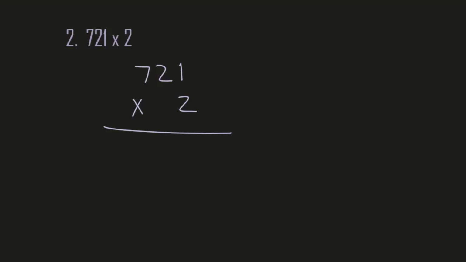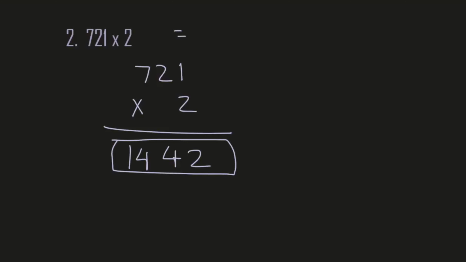So now what we're going to do is 2 times 1, which is 2, and 2 times 2, which is 4, and then 2 times 7, which is 14. So notice we don't have any numbers up here, so this might be slightly easier than the other ones we did today. So equals 1,442.